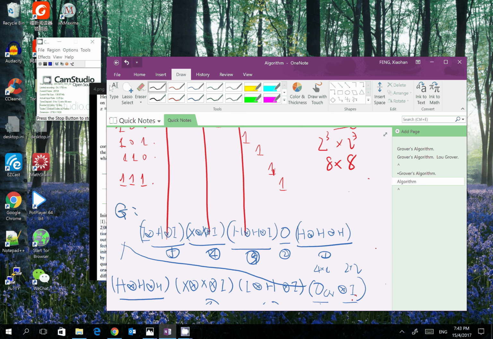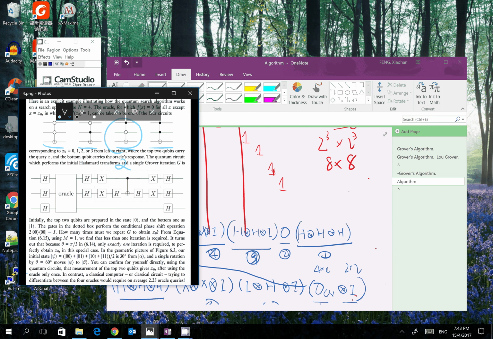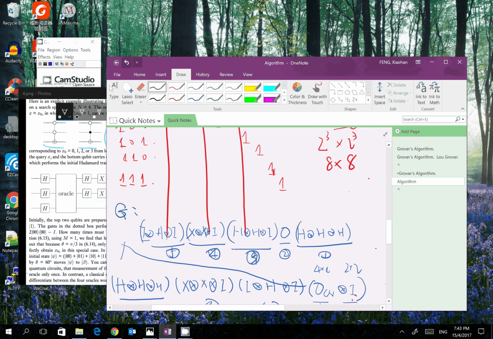So now we can finally look at the Grover iteration. The Grover iteration is also an operation, so we can construct a unitary matrix to represent this operation. So how do we construct it?